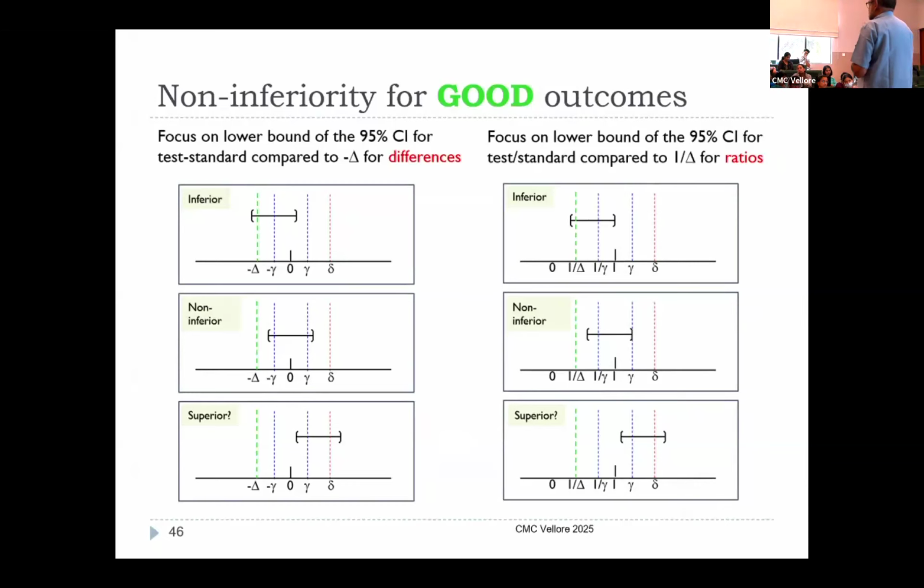So they're giving them these anticoagulants, but they want to show that this anticoagulant is not inferior to the other one. And they know that the other one causes about 3% bleeding.